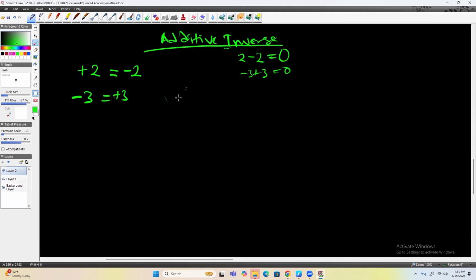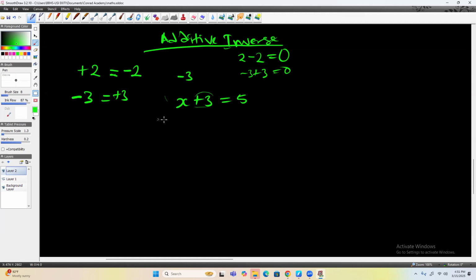Now, why is this necessary? Sometimes you can have equations like this: x + 3 is equal to 5. Because you need to take this 3 out, you find the additive inverse of +3, which is -3.